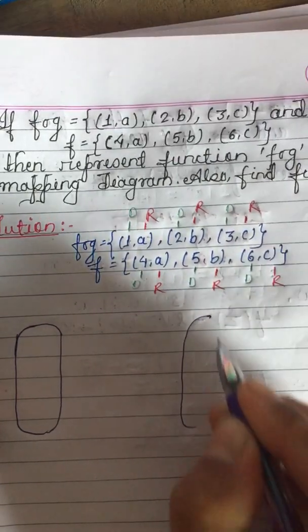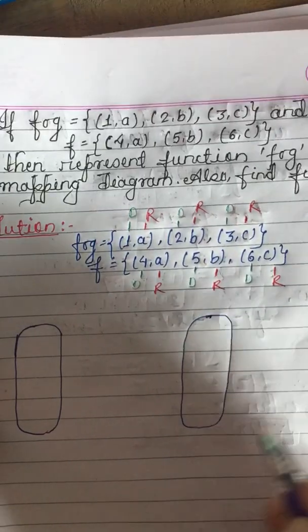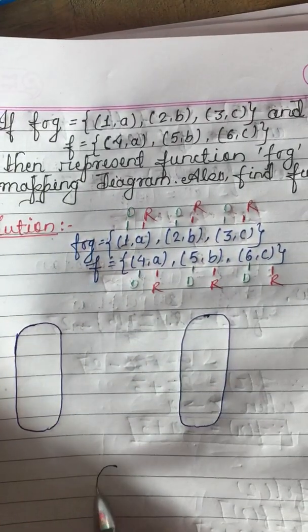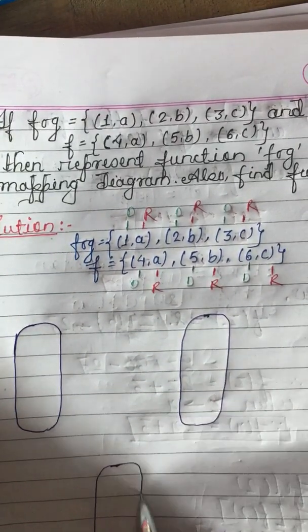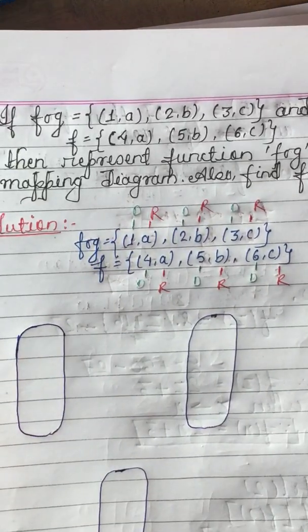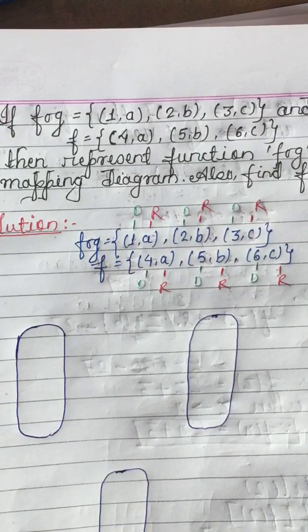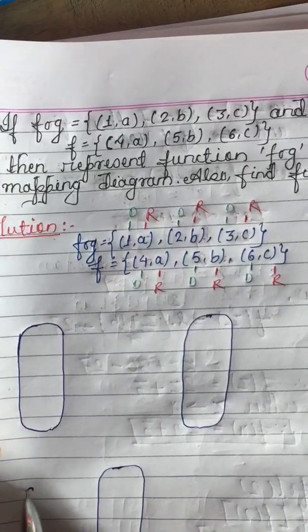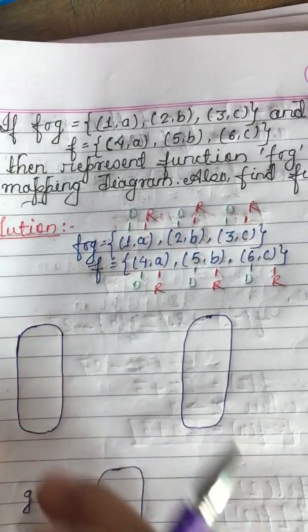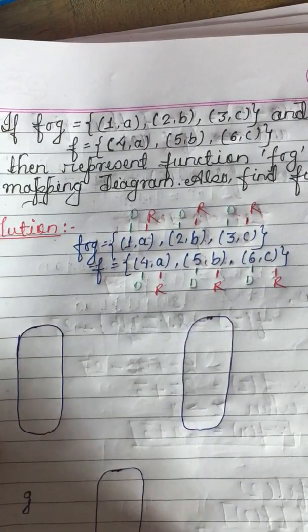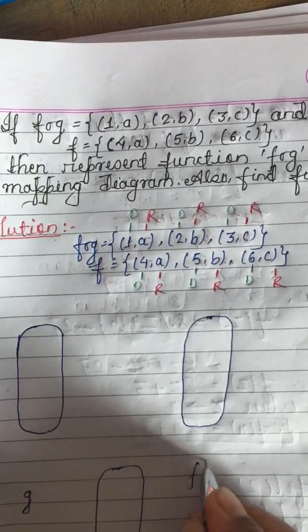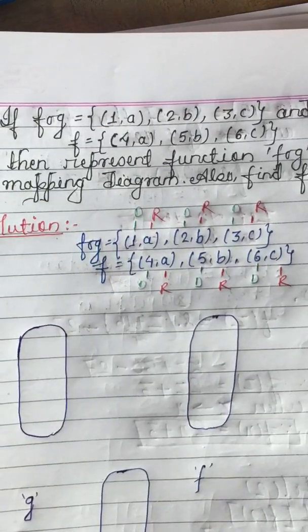Oval shape, you have to draw oval shape. Now this is the shape, and what we knew is, G is the function which takes the input first, means this way from here to here G is mapped, and from here to here F is mapped. So we know two things.